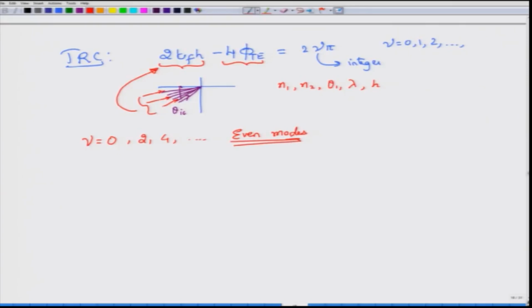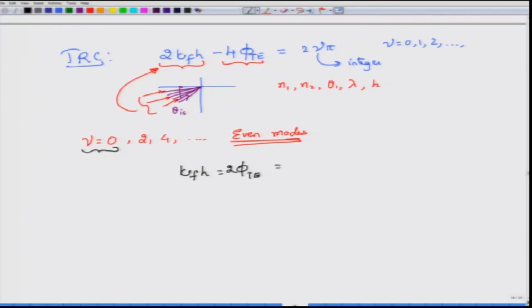It is even because the value of nu, which is an integer, is taken to be an even number. This can be easily simplified for the fundamental case of nu equal to 0. When nu is equal to 0, the right hand side of the TRC will be 0, and on the left hand side what I have is kappa f h is equal to 2 times phi TE.